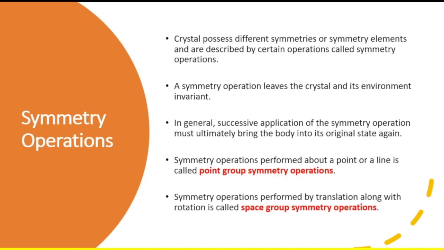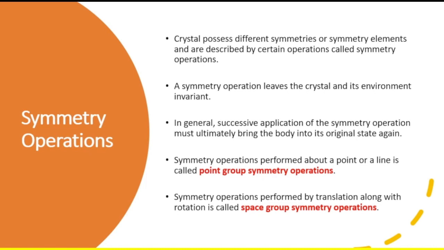If these symmetry operations are applied in successive manner, then ultimately it should bring the body into the original state. The symmetry operations are of two types. The one which is performed about a point or a line is called point group symmetry operation.